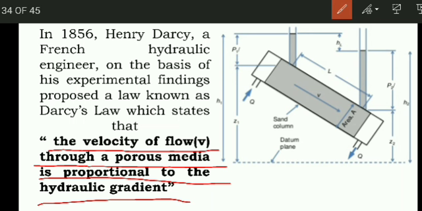To understand this, let us discuss the figure first. What is given in the figure? There is an inclined cylindrical tube which is filled with porous media. This inclined tube is filled with a sand column. Sand is a porous material, so it acts as the porous media.